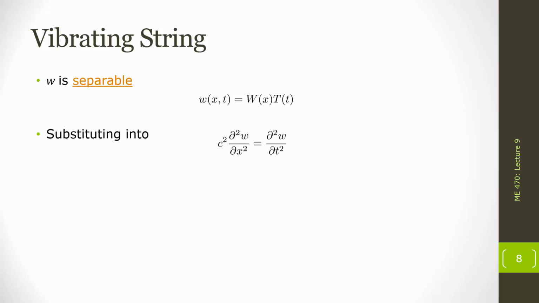Well, if we substitute it into that partial differential equation, if we put in w equals capital W times T into this partial differentiation and the right-hand side partial differentiation, we're going to get this out. On the left-hand side, the T term is going to be constant, so it's not going to be affected by the partial differentiation with respect to x.